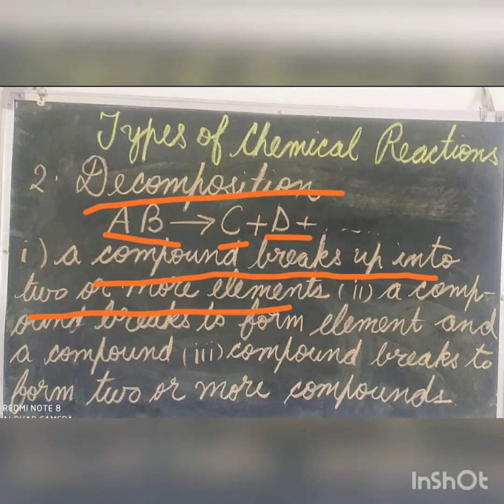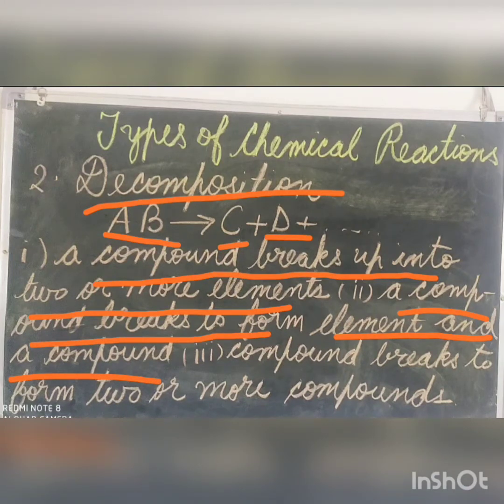Now the second type of decomposition reaction in which a compound breaks to form an element and a compound. For example, the compound potassium nitrate on heating decomposes to produce a compound potassium nitrite and an element oxygen. 2KNO3 on heating forms 2KNO2 plus O2.